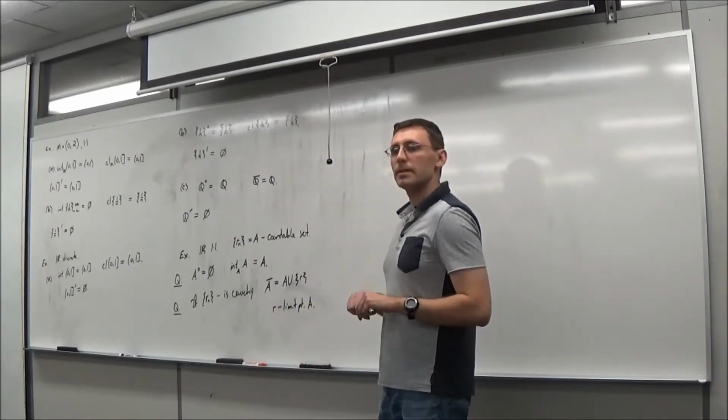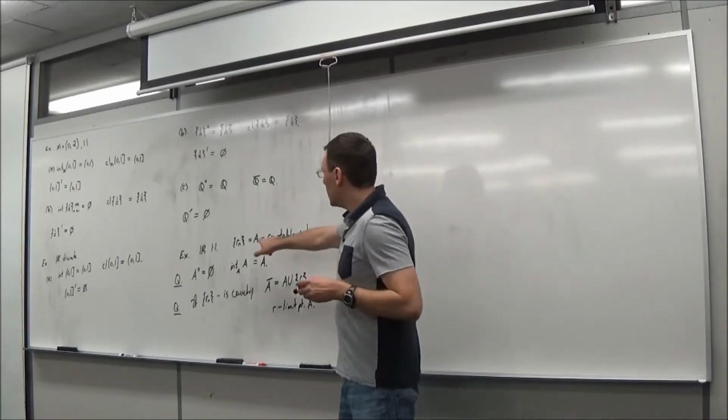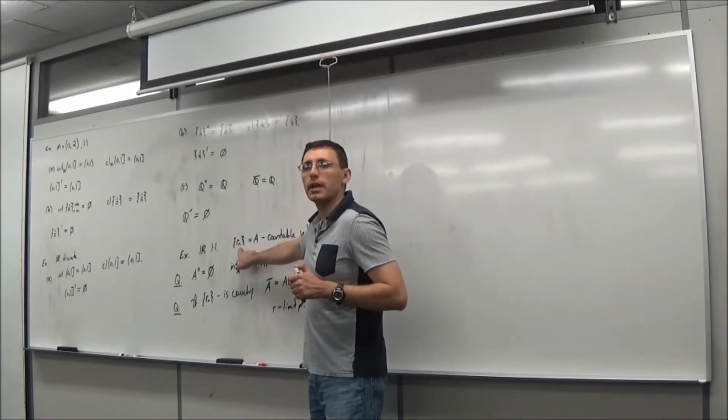Make sense? Now, if Rn is not Cauchy, can the limit points of a countable set be uncountable? Can I have uncountably many limit points?